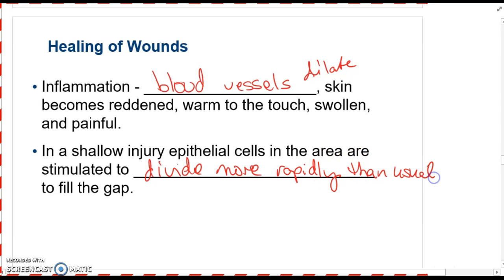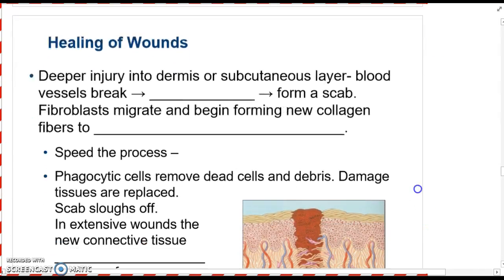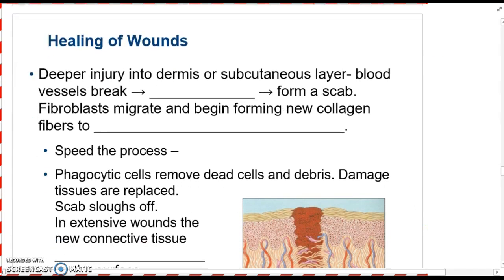Because you're always having cell division, especially in your skin cells. Mitosis is happening, skin cells are dividing, they're replacing each other, but when there's an injury, they're getting a signal to say, I need to divide more rapidly to get that injury healed, to fill in the gap.